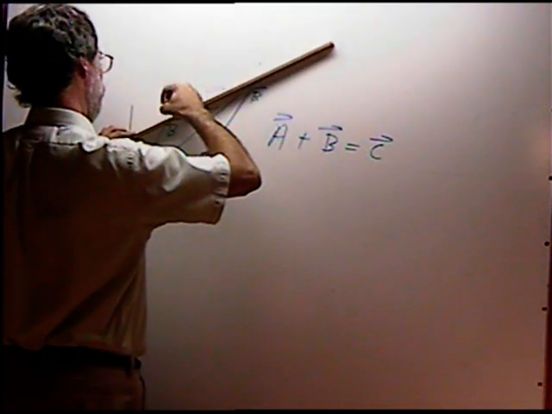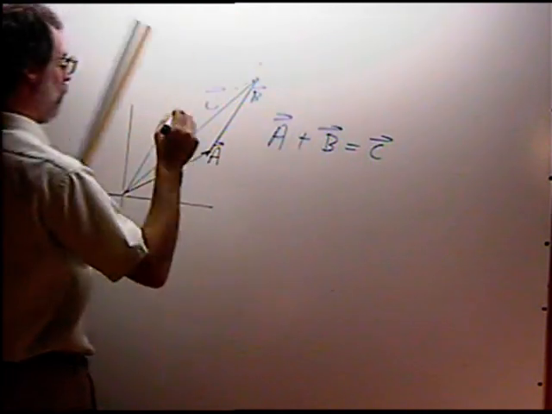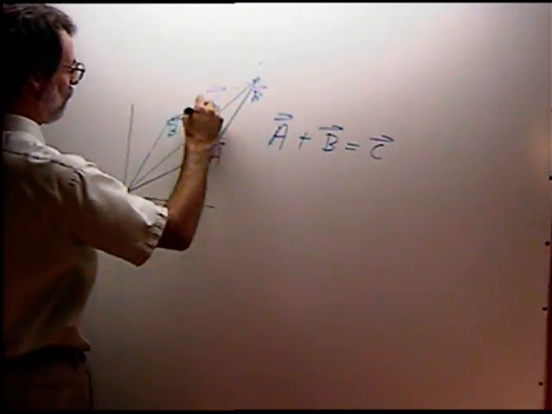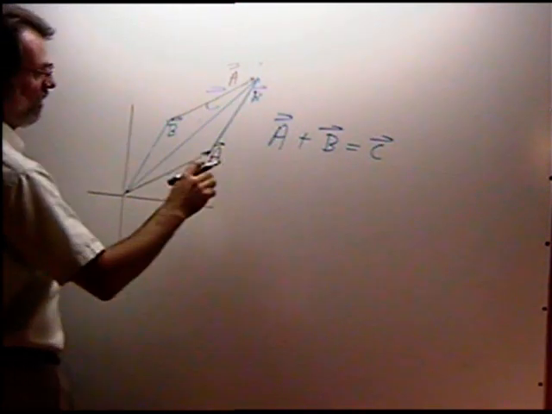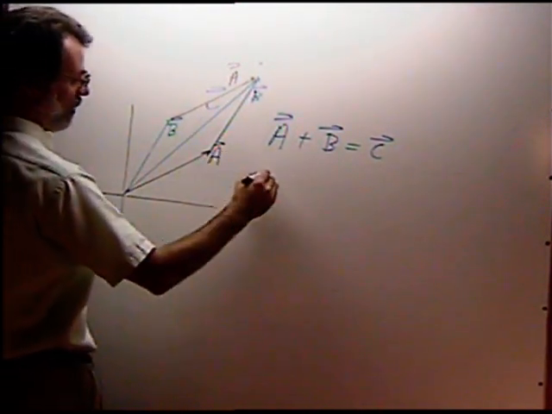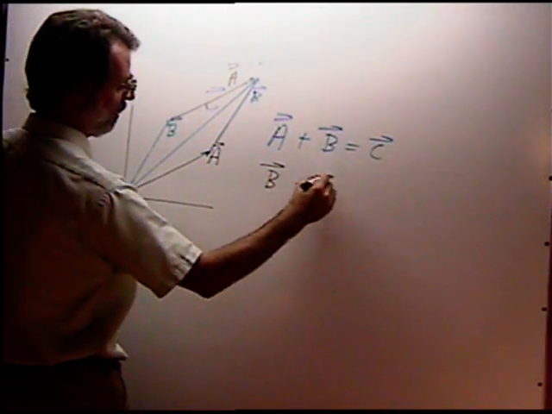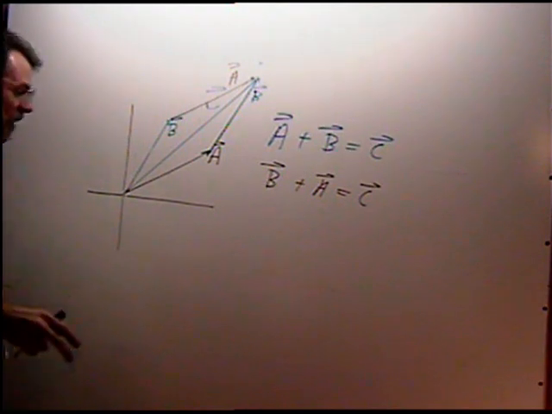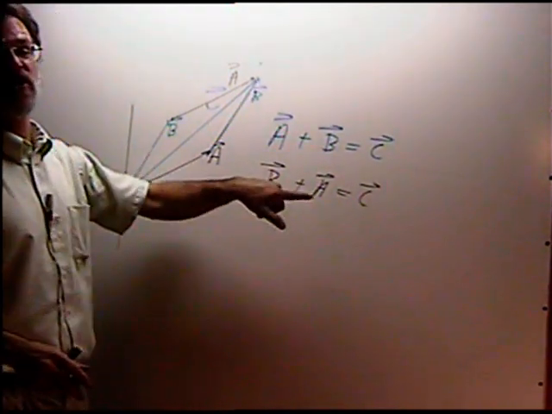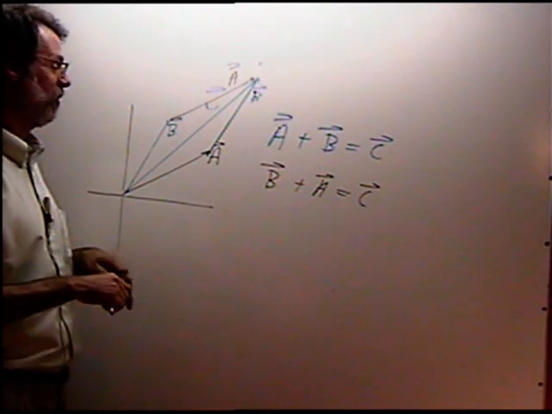That's about right, it comes right to about here. So I can also slide the A vector up to show that actually I can change the order here. B plus A is still C. The order that I add the vectors up in a geometric way shouldn't make a difference, and in fact it doesn't make a difference.